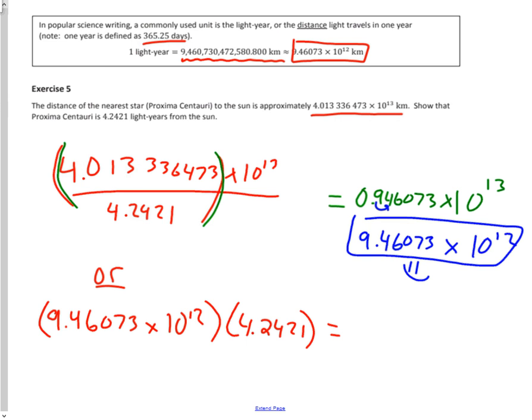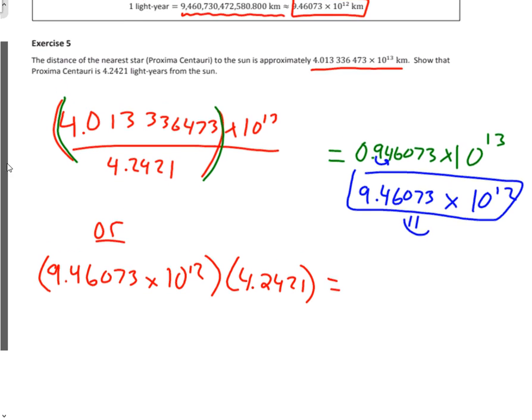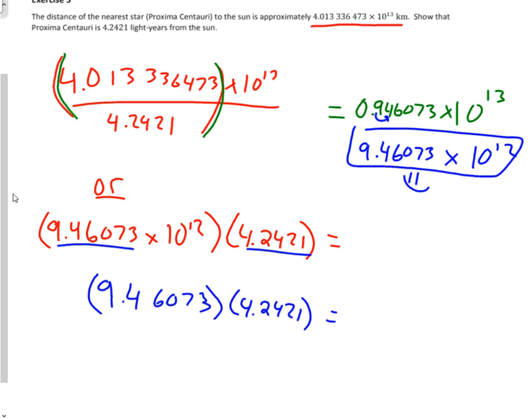The other way we can check it is by multiplying: the distance of a light year times how many light years there are. These are the two things we multiply together, because those are the things that are alike. 9.46073 times 4.2421, and whatever we get is going to be times 10 to the 12th power.